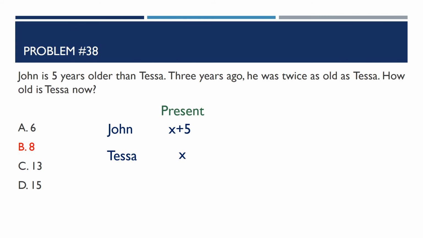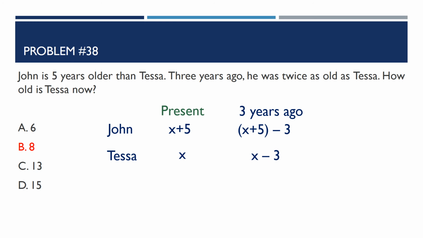Now, 3 years ago, so the next column will be for the age 3 years ago. For John, it will be the present minus 3 years, so x plus 5 minus 3. And for Tessa, the present age, which is x, minus 3.